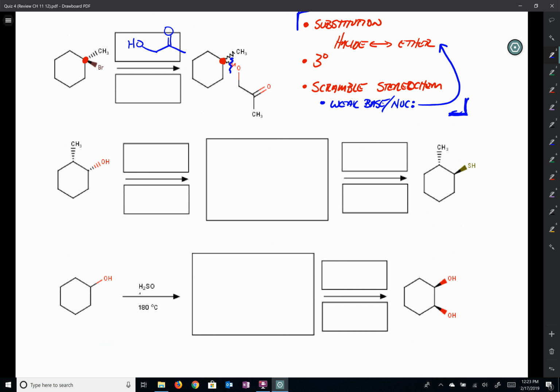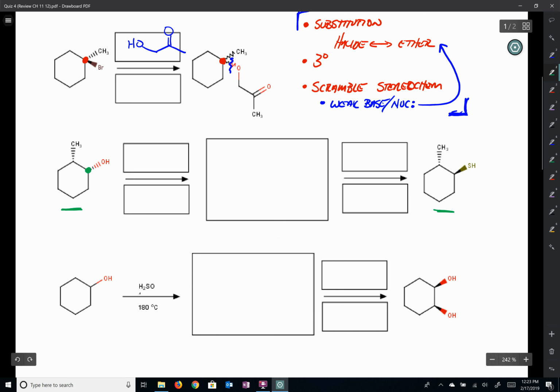All right, getting to the ones that are a little bit more complex here now. So we start out with a cis methyl alcohol over here. And we end up over here with a trans methyl thiol. So if we're specifying stereochemistry, we know we can't go through a carbocation intermediate. Otherwise, it's going to rearrange, it's going to shift, it's going to scramble stereochemistry.